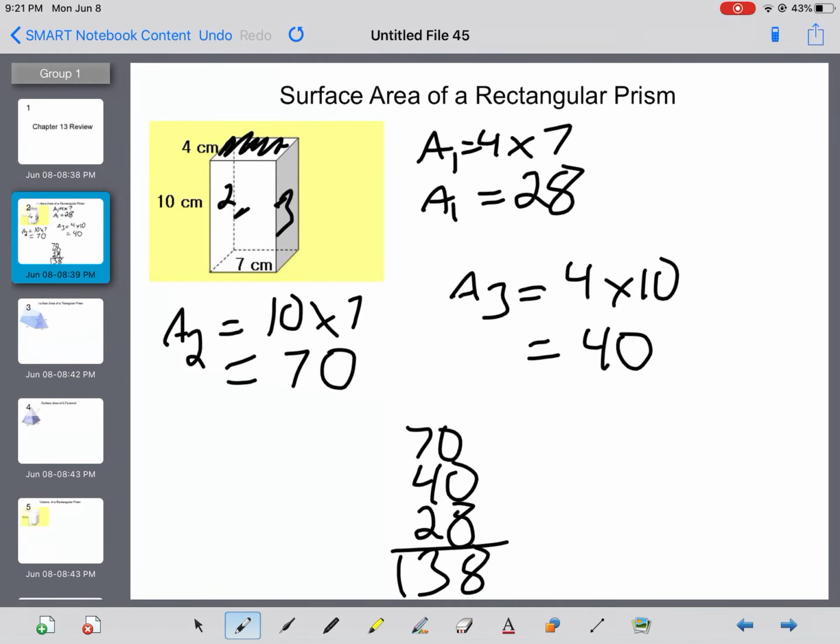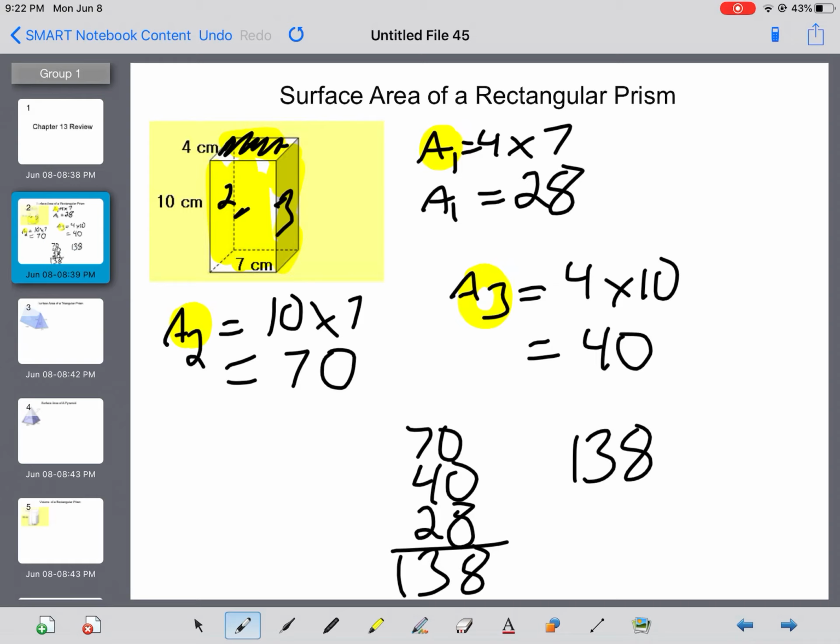But now remember that a rectangular prism has 6 faces. So by finding 3 areas, I've only found half of the faces. But I know area 1, say the top of my rectangular prism, has a matching one on the bottom. Same with area 2, there's a matching one on the back, and area 3 has a matching one on the side.